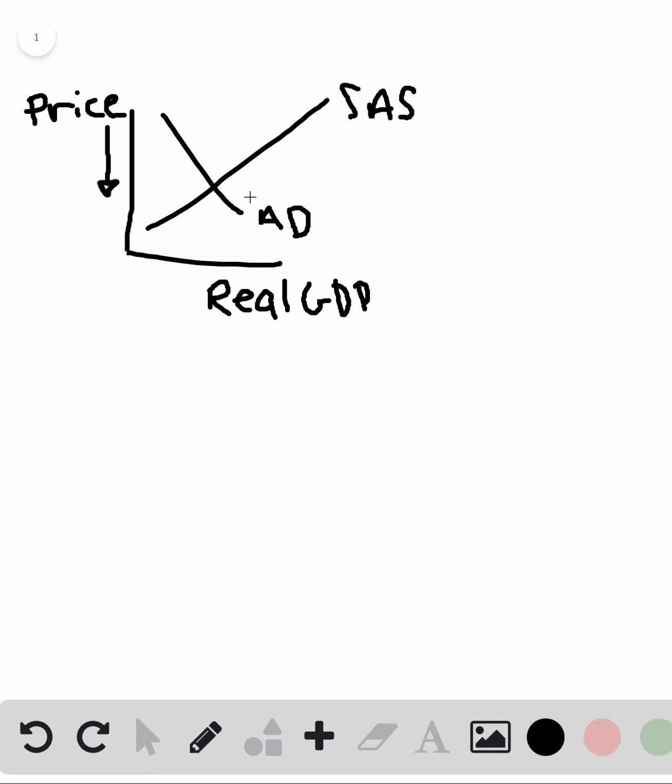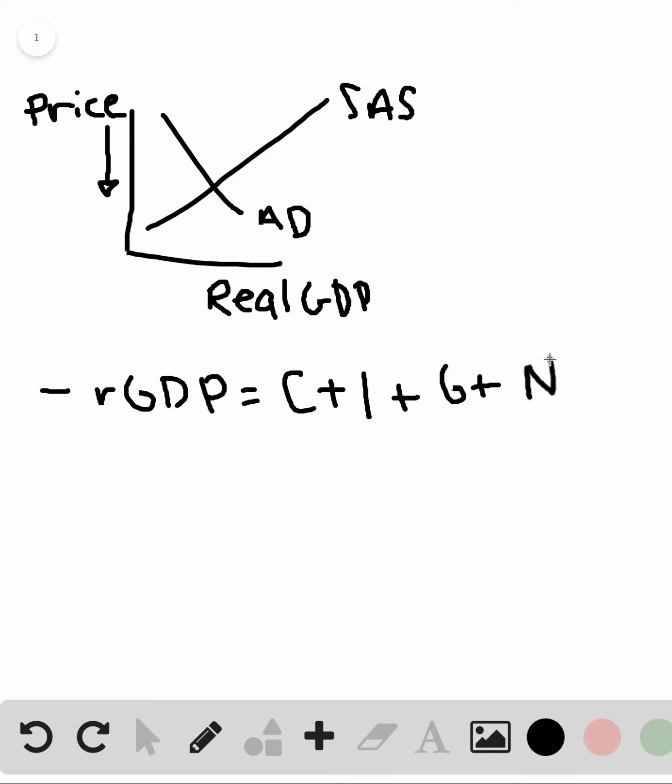For the aggregate demand curve, we need to look at the effects that price has on real GDP, which we will write as consumption C plus investment I plus government spending, which is G, plus net exports, which is NX.